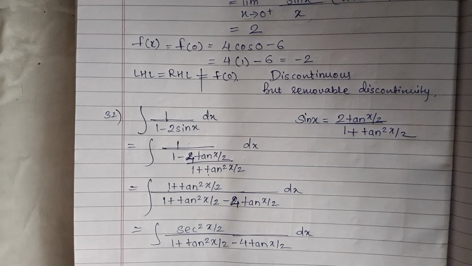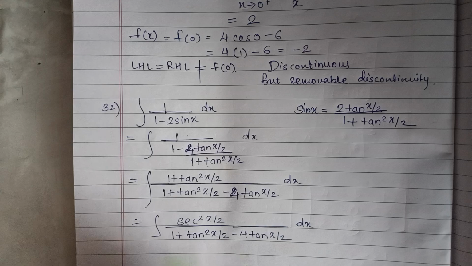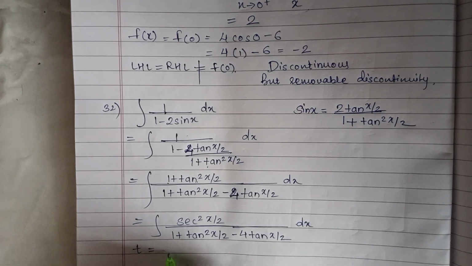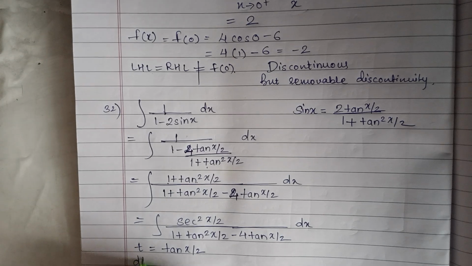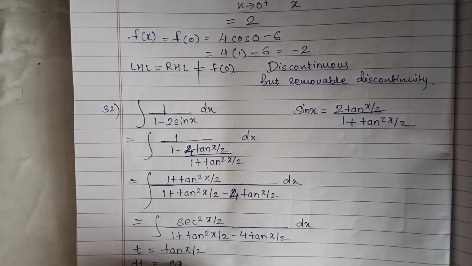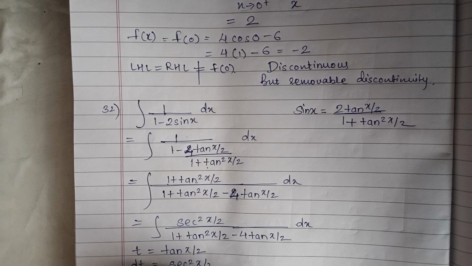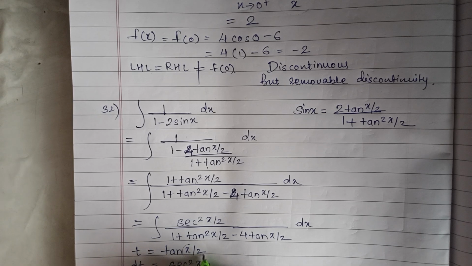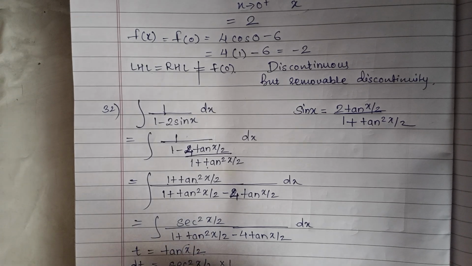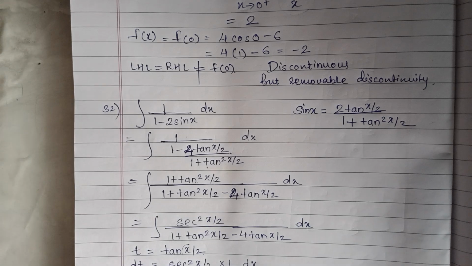Now we'll substitute t as tan x by 2. So its derivative is sec square x by 2 and the derivative of x by 2, which is half, dx.